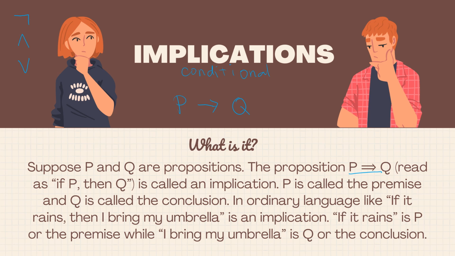In ordinary language, for example, we have the proposition P, it rains, and then we have the proposition Q, I bring my umbrella.